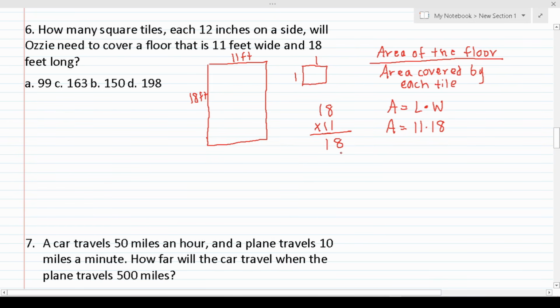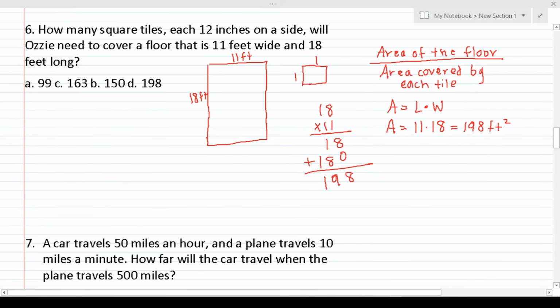Add a 0 since we're starting that 1. 8 times 1 is 8. 1 times 1 is 1. Let's add. 8 plus 0 is 8. 1 plus 8 is 9. And 1 plus nothing is 1. So we know the area of this floor space is 198 feet squared.